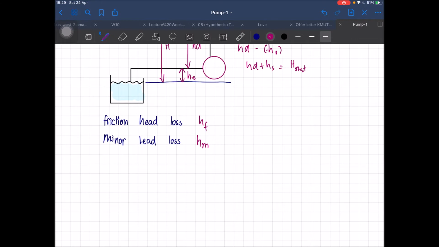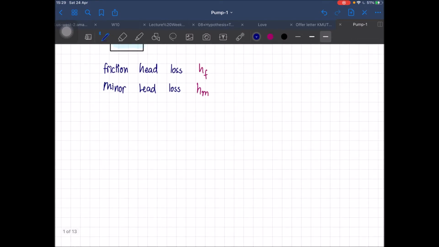So this is everything that we have here, and the final grand total one, which is the TDH. H stands for head, D stands for dynamic, and T stands for total. All of these we can just write as HT. So this is the grand total of all heads required to deliver.